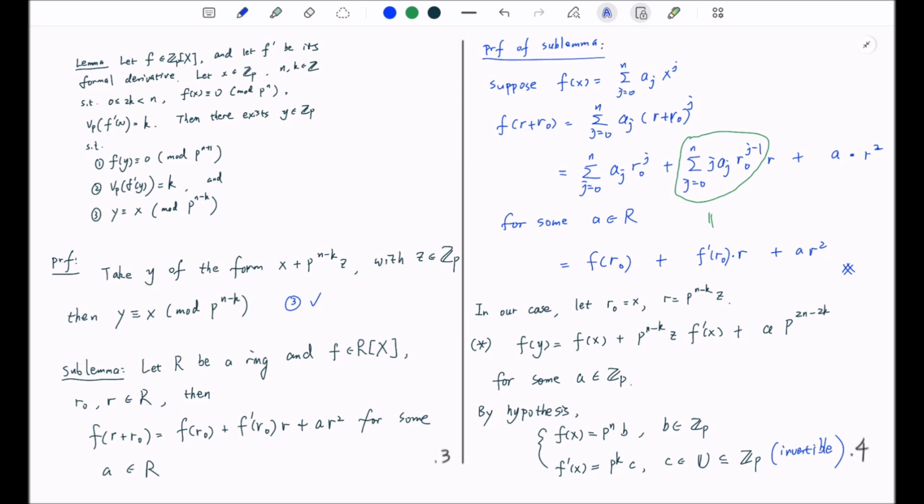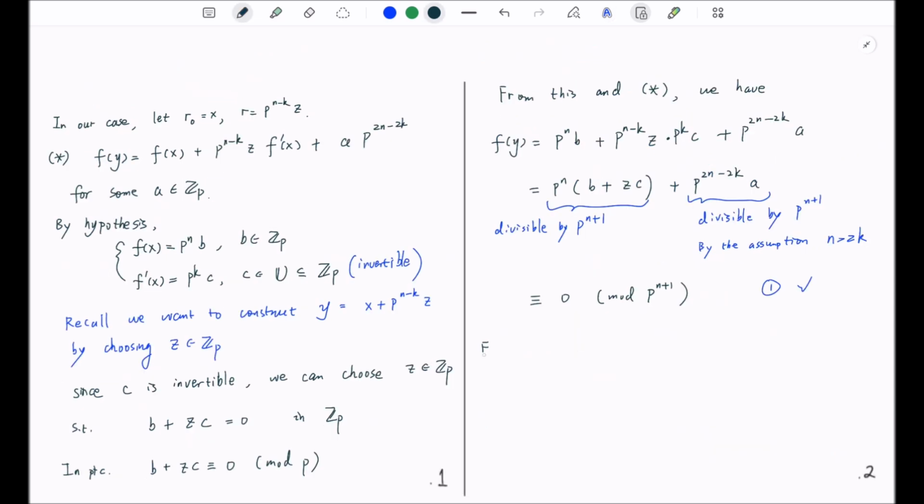Finally, we're going to verify statement number 2, which says that f prime of y also has p-adic valuation equal to k. To this end, we replace f in the statement with asterisk by f prime.